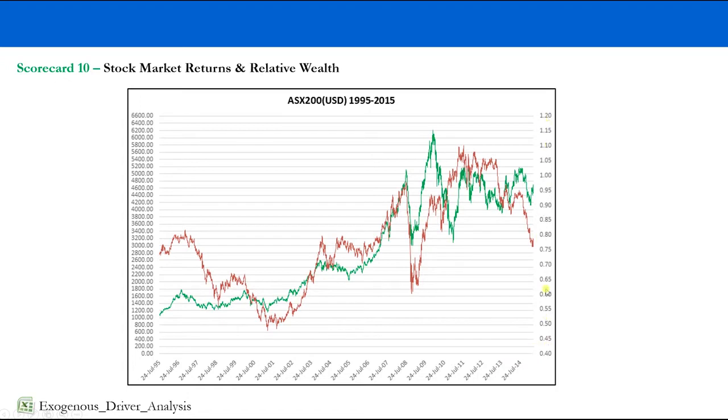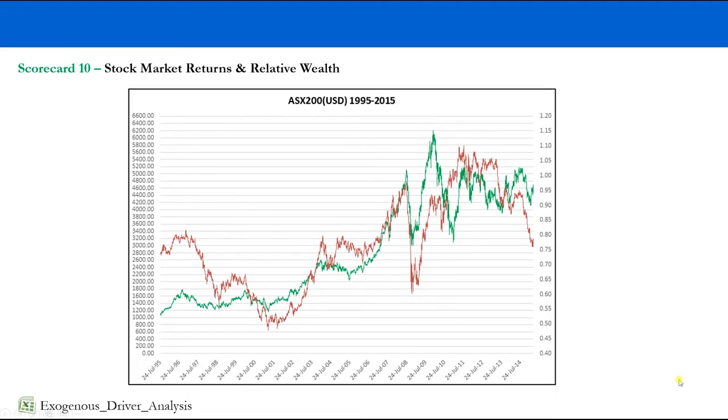And on the right-hand side, you can see the Australian dollar, US dollar exchange rate. So you can see straight away that there's a very, very strong relationship between the pensions wealth or stock market value of Australia and the currency exchange rate, Aussie dollar, US dollar.